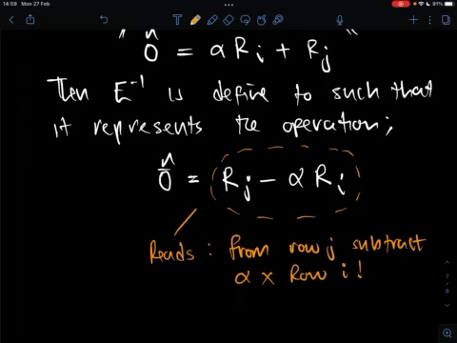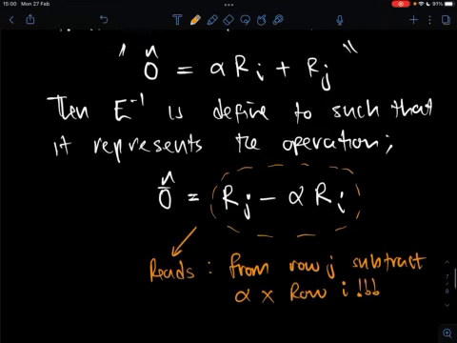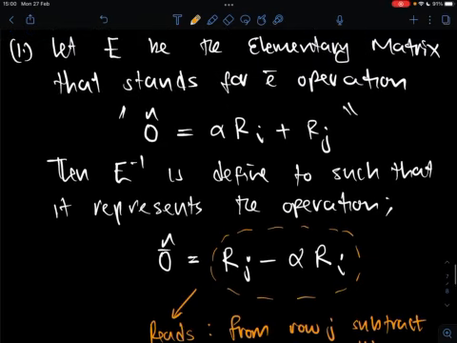This is how we read this statement. It means you will be performing this on row j, whereby from row j you subtract alpha times row i. So this is how you obtain the inverse operation of this row addition operation.